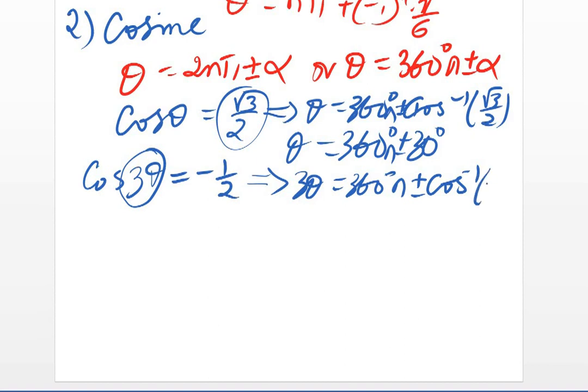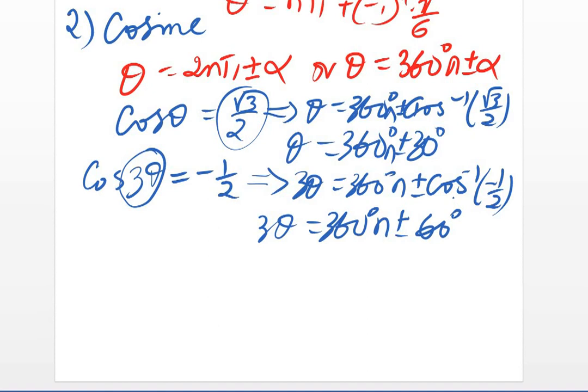Cos inverse of negative half, which will give us 3 theta is 360 degrees n plus or minus. Cos inverse of negative half will give us 60 degrees here. Okay, we're going to have 60 degrees because we have plus minus here.